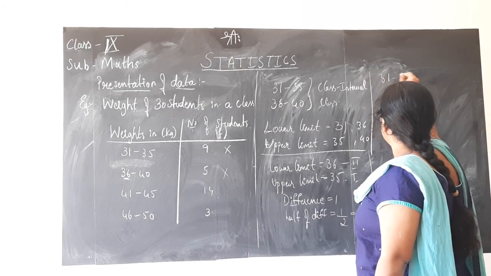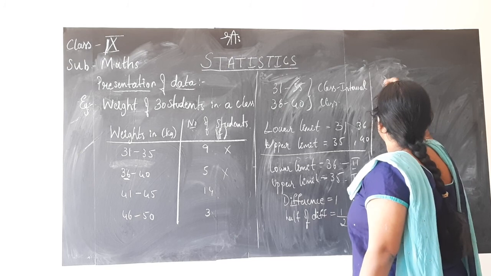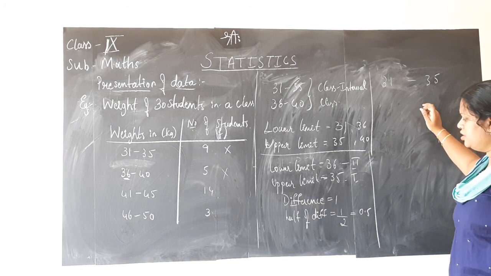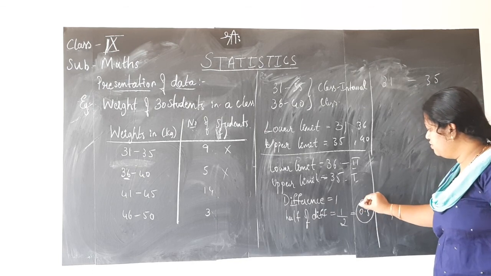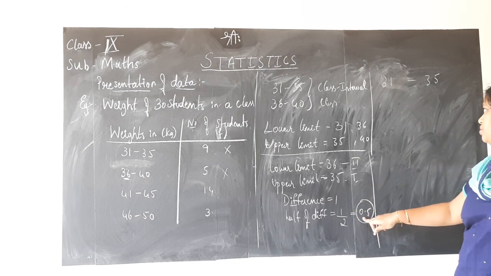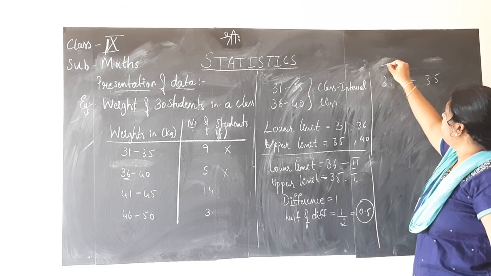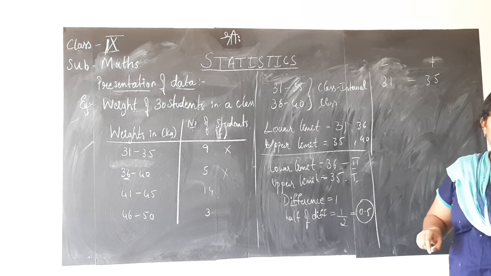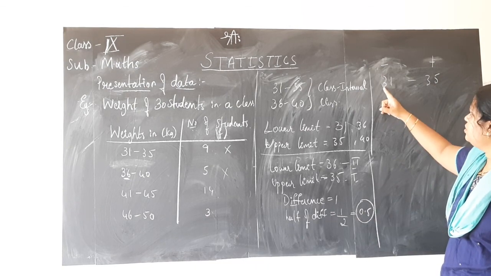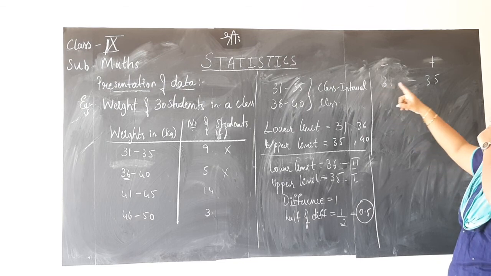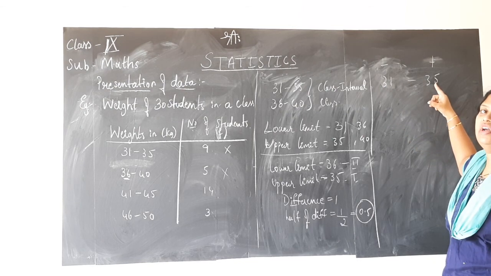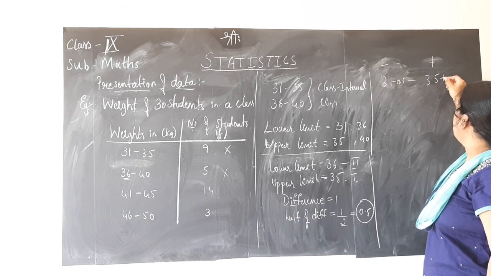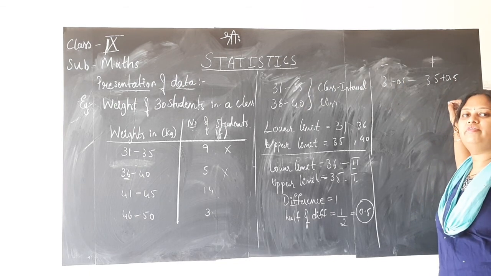Say suppose 31 to 35 I will consider now. What you should do is, the half of the difference value should be subtracted from the lower limit and added to the upper limit. Means 0.5 should be subtracted from 31, whereas 0.5 should be added to 35, that is upper limit. So 31 minus 0.5 and 35 plus 0.5 we should do.